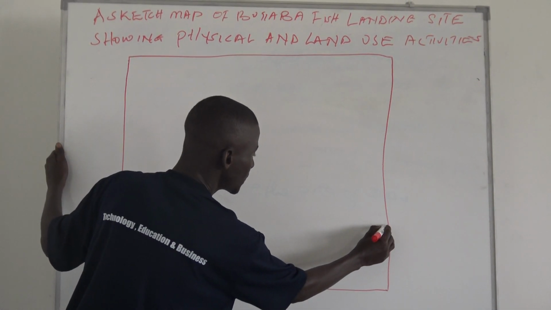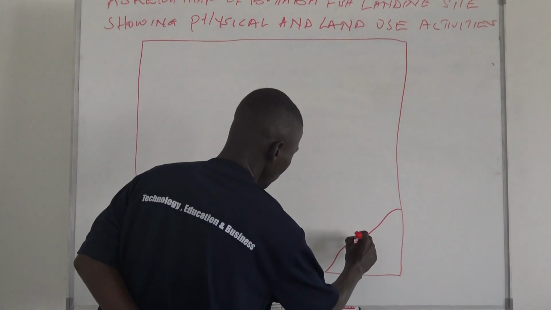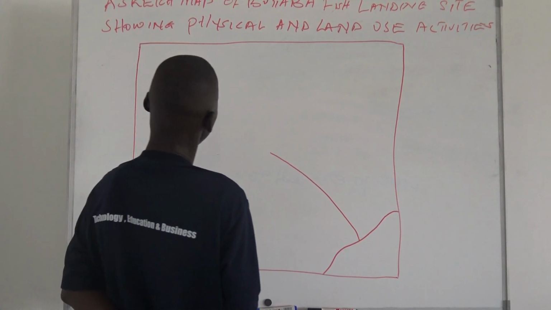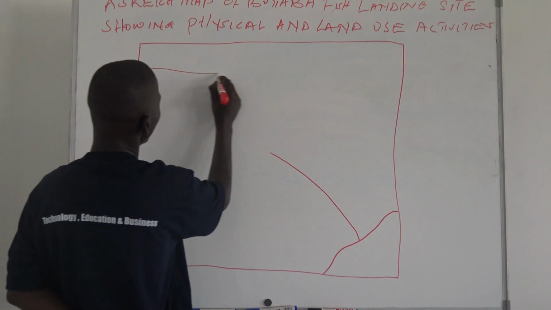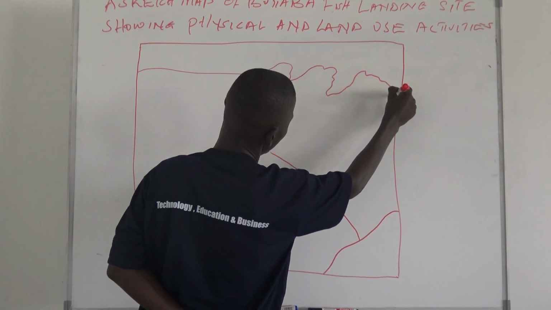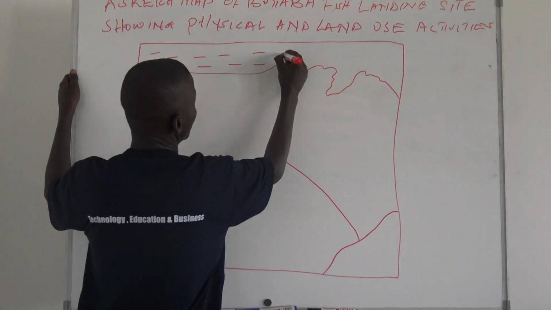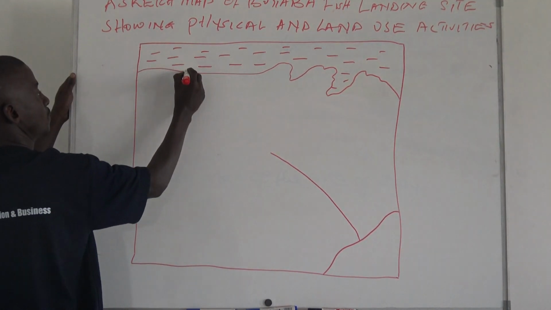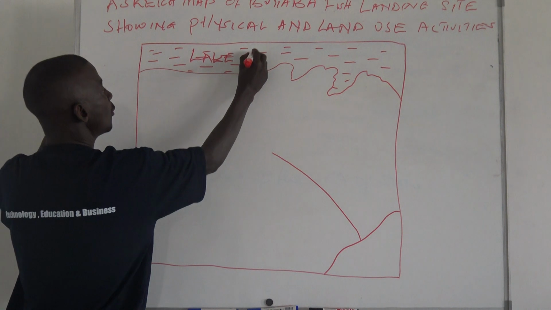Then according to Butiaba, this side you can put there an escarpment, then a road, then a water body. Name it Lake Albert.